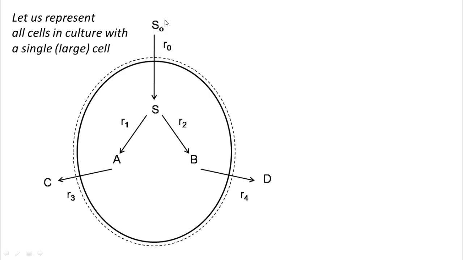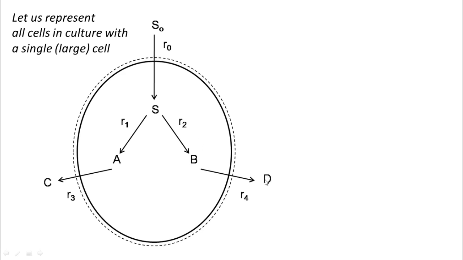S0 is a substrate that's outside, that goes inside and gets converted to S through probably the reaction R0. Then S could get converted to A or B. It gets converted to A at a rate of R1. This R1 is moles per time, and it gets converted to B at the rate of R2 moles per time.